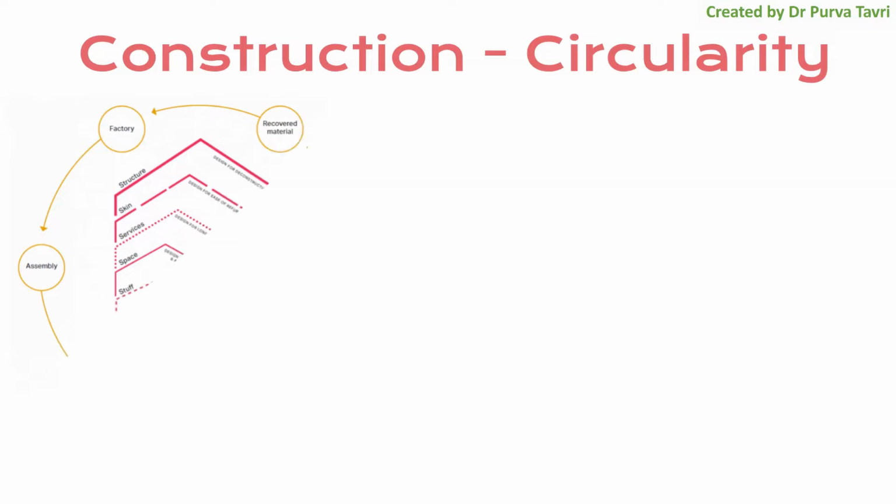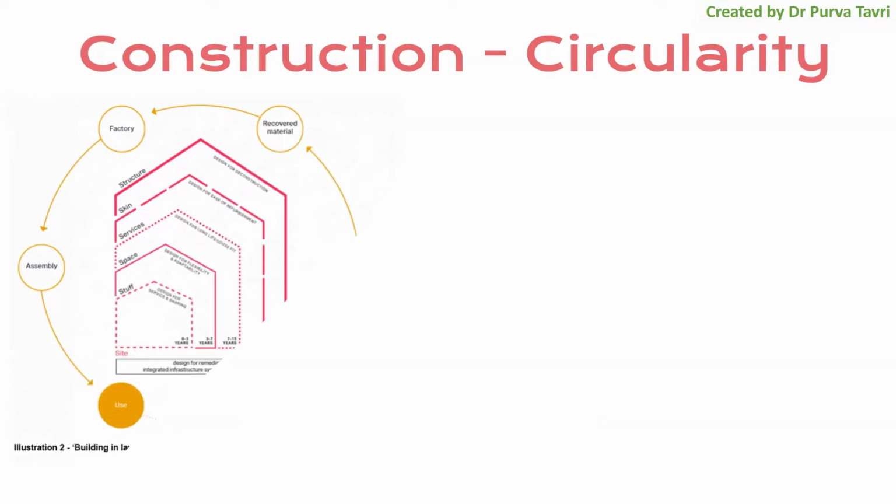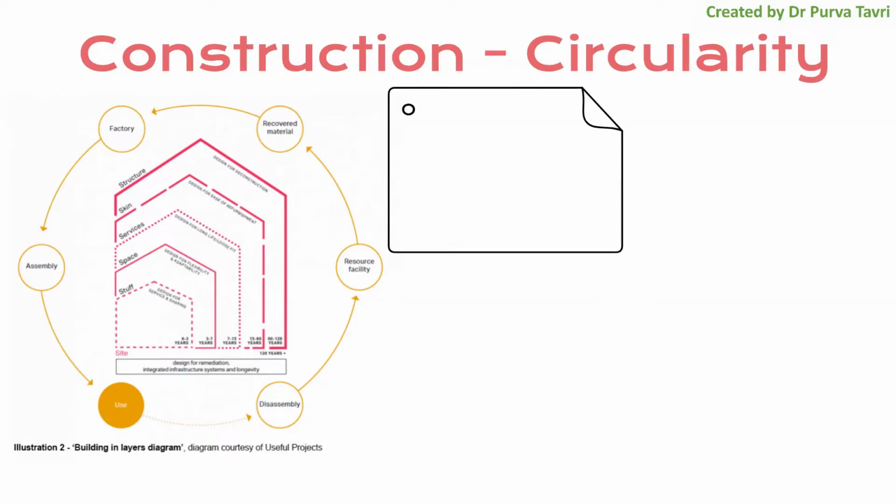The next is the construction stage. Here, building in layers could be one of the options, that is, thinking of longevity and using design for disassembly, building spaces for the purpose.